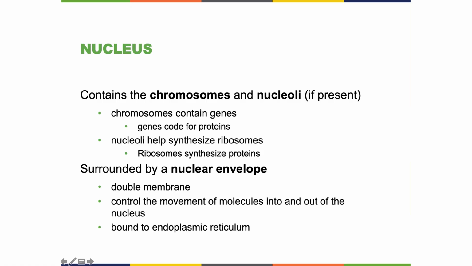And they're heavily gated, which means that the nucleus very tightly controls what can get into or out of the nucleus. And again, it's bound to the endoplasmic reticulum. And that makes sense. If the information for how to build something is on the gene, when we rewrite that into a message, we want it to go directly into the endoplasmic reticulum where we can use it to build things.